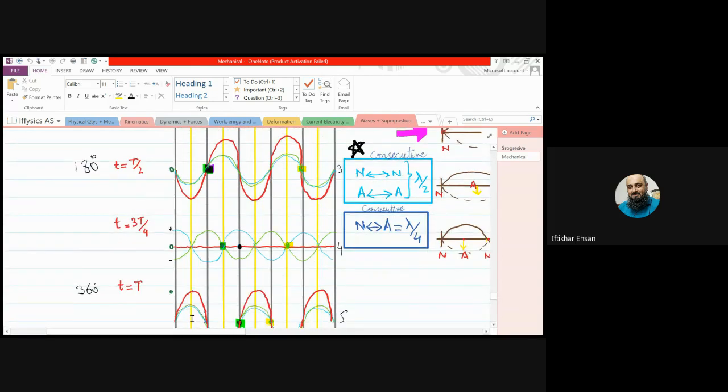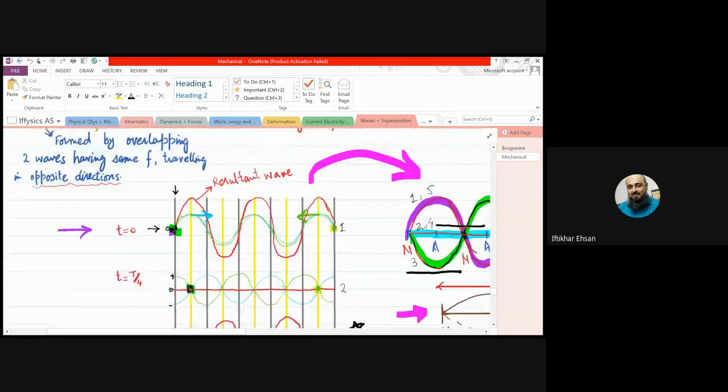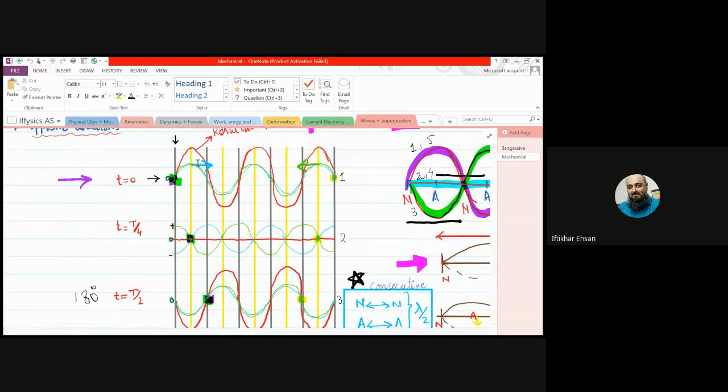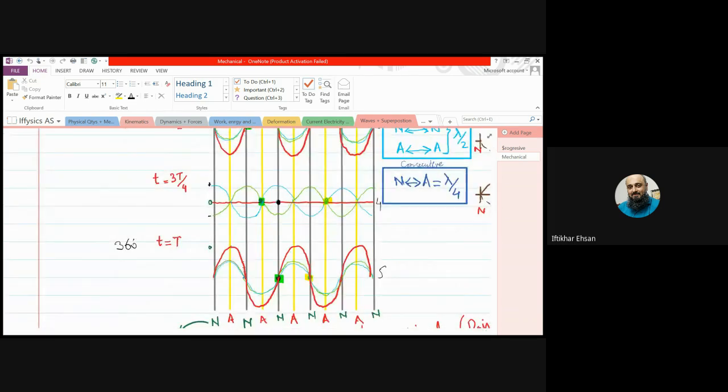After another quarter, it will again be in the waveform. This means after every quarter, if it is in a waveform, it will change into a straight line. And after another quarter, it will change into a waveform in the opposite direction. After another quarter, it will change into the straight line again.